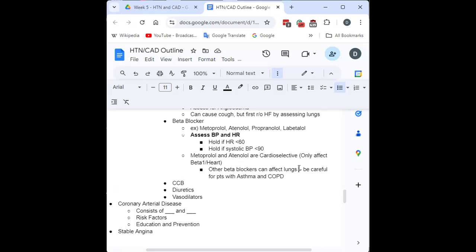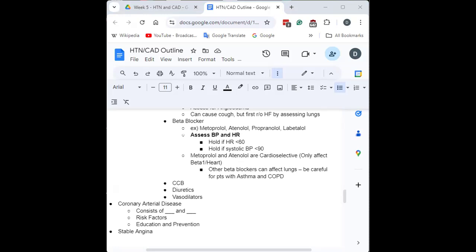Beta blockers cause palpitations? Well, it's lowering your blood pressure. Maybe if it gets too low, but usually I think of palpitations happening from something that would be agonizing the beta. Beta blockers don't actually affect your potassium.